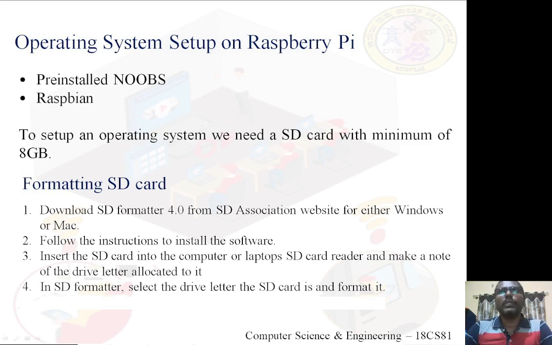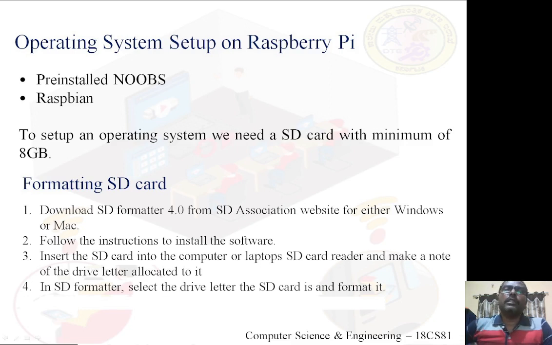Among those operating systems, you can make a choice to install to Raspberry Pi computer. So is it clear what pre-installed NOOBS is? It comes with a set of various preloaded operating systems, and while installing we can choose among those choices.